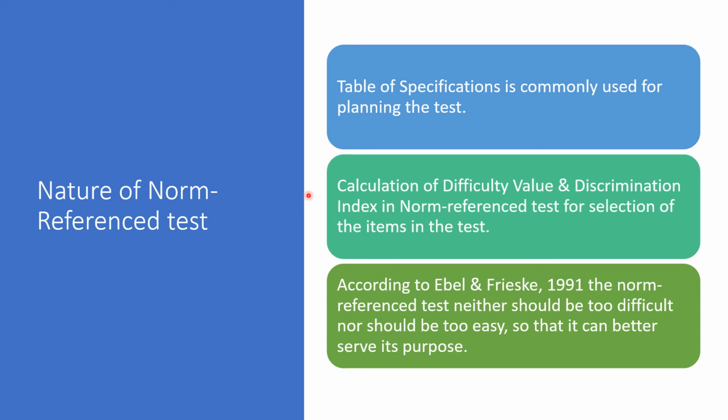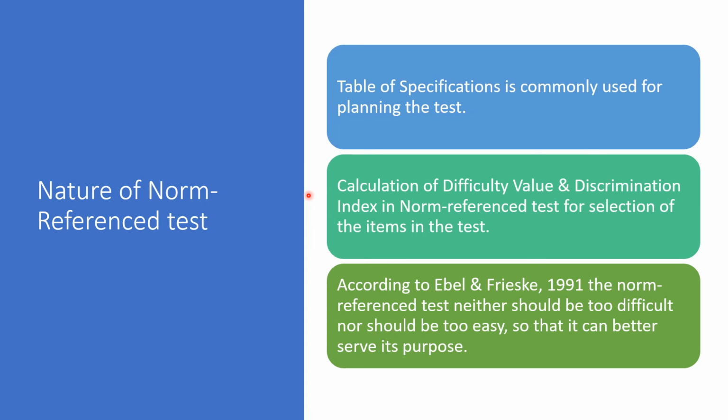Calculation of difficulty value and discrimination index. In a norm reference test, for the selection of the items, we calculate difficulty value and discrimination index. In a criterion reference test, for the selection of the items, we have some other ways; we calculate some other measures.